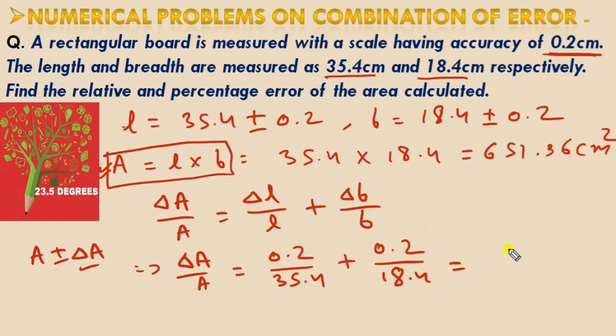Solving it, we will get something like 0.017. So the relative error in the area is 0.017.